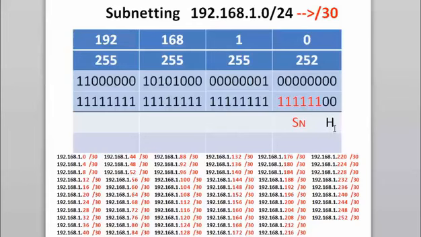The host portion of the address is now only 2 bits, or 2 to the 2nd power, meaning there are only 4 host addresses per subnet. Now, if you have 4 host addresses, you have to leave room for the network address and the broadcast address, so 4 minus 2 leaves only 2 usable hosts per subnet.